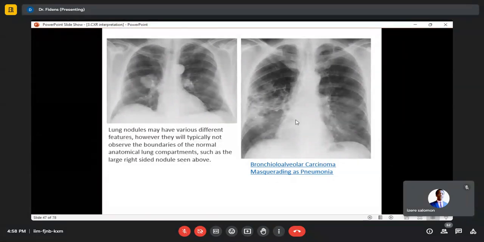You are not wrong, because it is a mixture of alveolar opacities like here and some areas of linear opacities like that. It is a mixture of both, but the predominant one is alveolar opacity with air bronchograms, though there is some mixture of linear or reticular opacities. Okay.